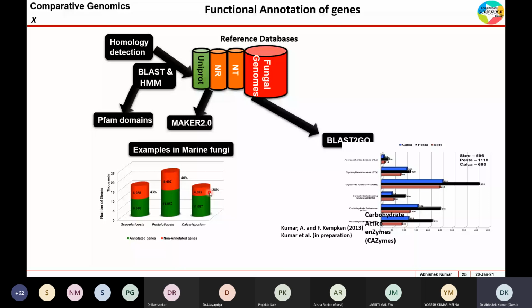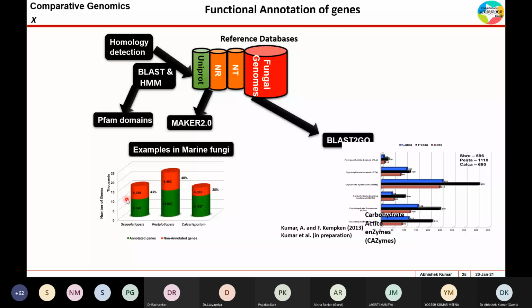Whatever annotation strategy you use, there will be a lot of areas where the genome remains unannotated, and you have to take care of that and minimize it. But it's common that about 20 to 40% of genes will remain unannotated, matching to unannotated genes of previously known genomes. So you will get a lot of unannotated material, and minimizing that is a major challenge.